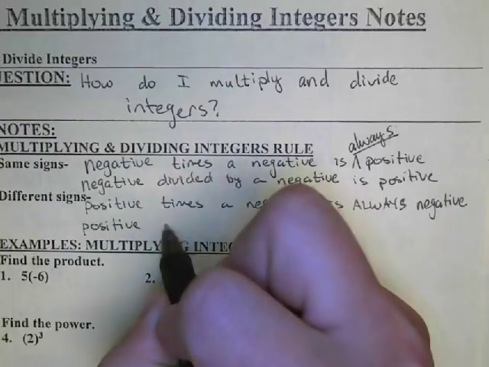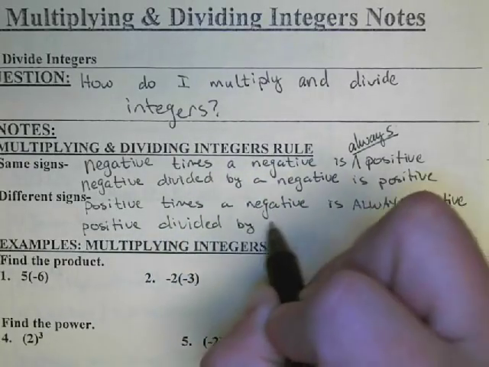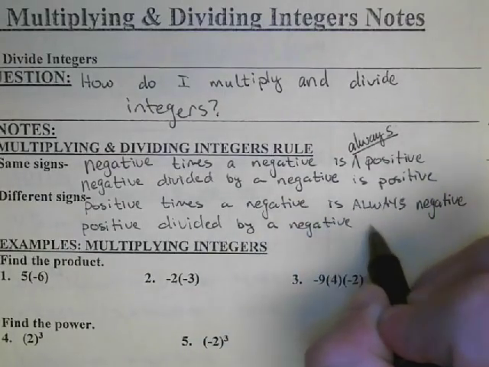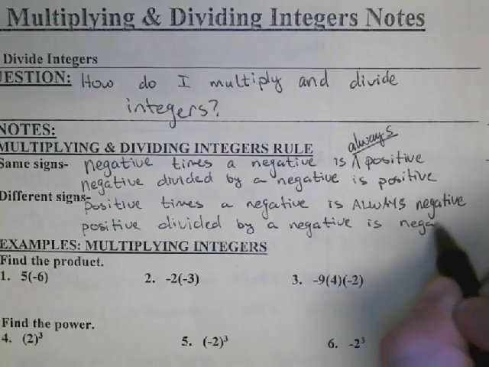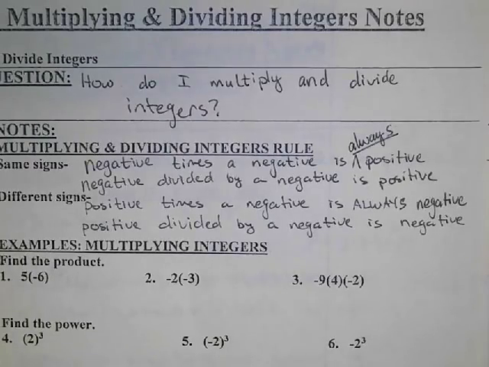Positive divided by a negative is negative. So a negative times a negative is positive, and a positive times a negative is negative. And we're just going to keep practicing these things until they just get really sunk in our head.